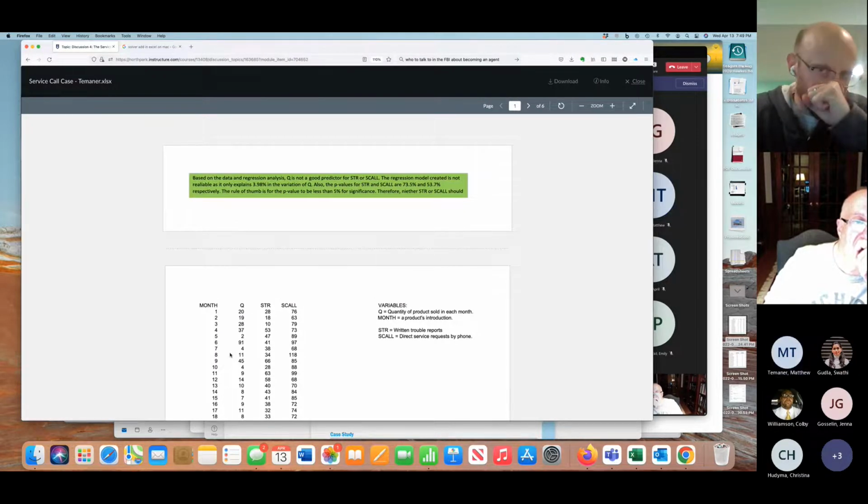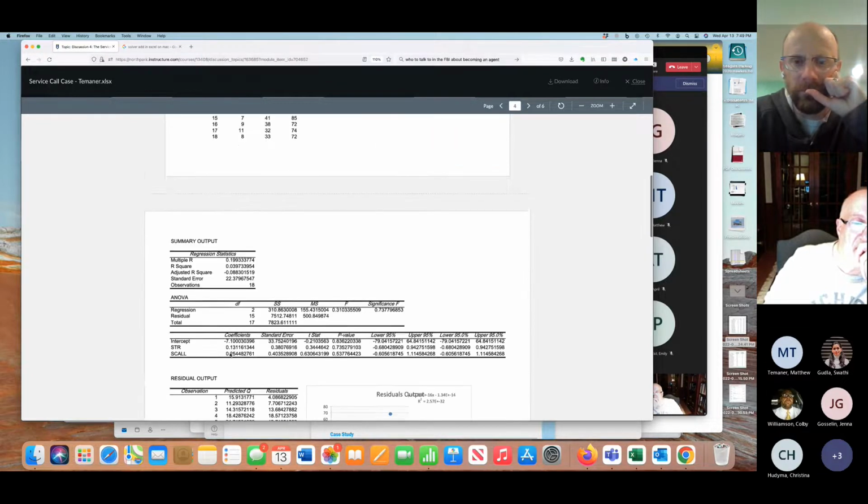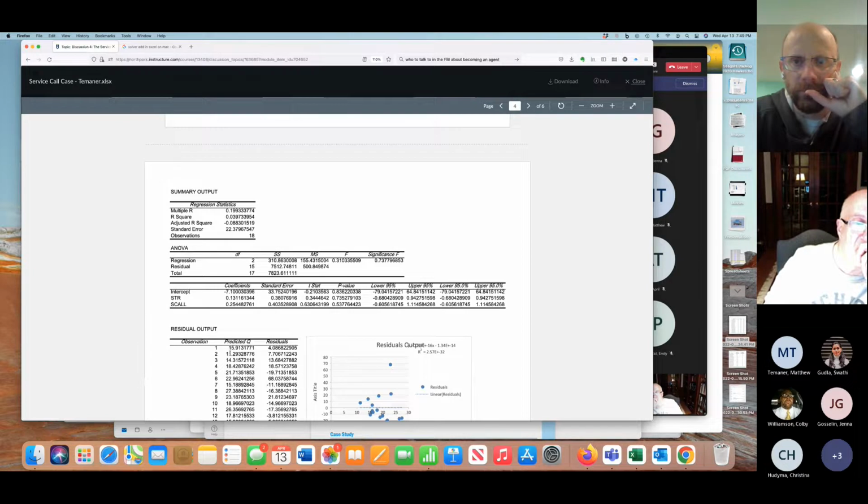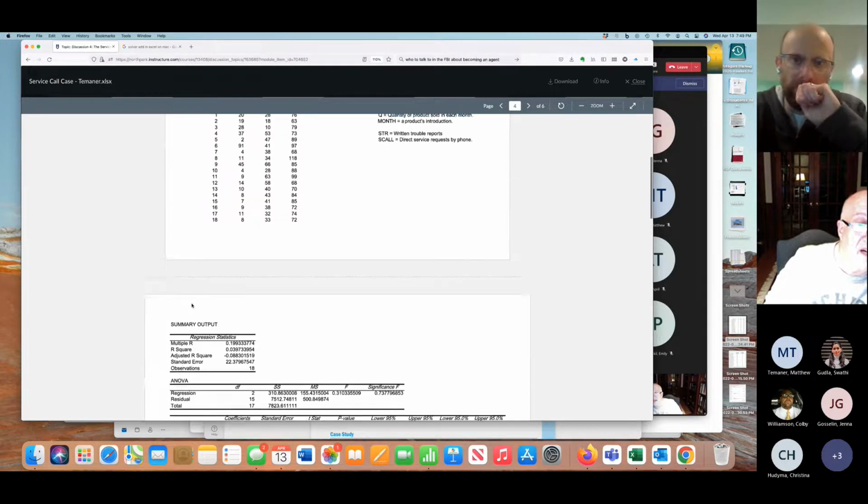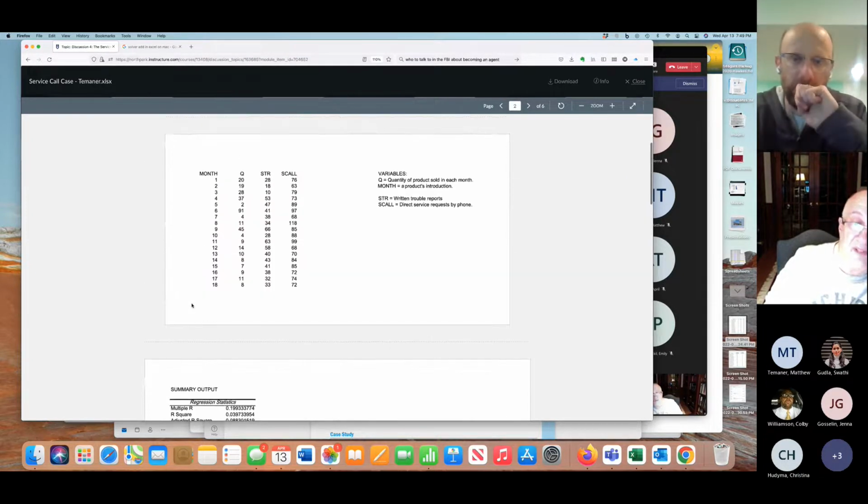Based on the data and regression analysis, Q is not a good predictor for STRS calls. We'll look at the problem in a minute. And how do we do this? Here, by doing this, you use STR and S calls to predict Q, I believe.